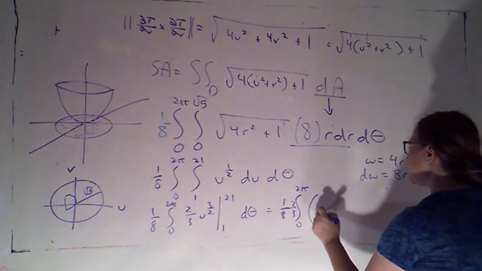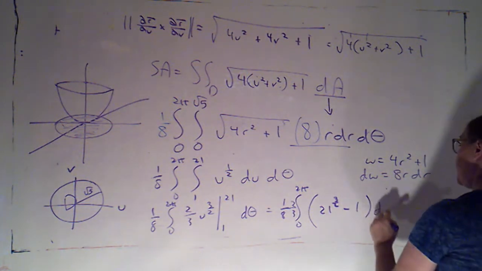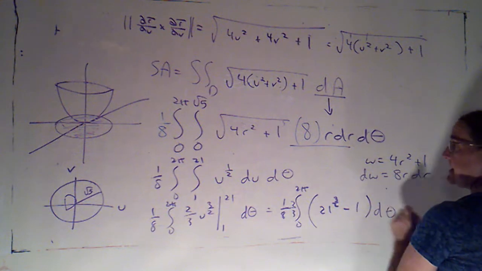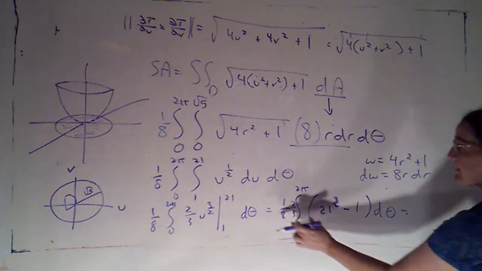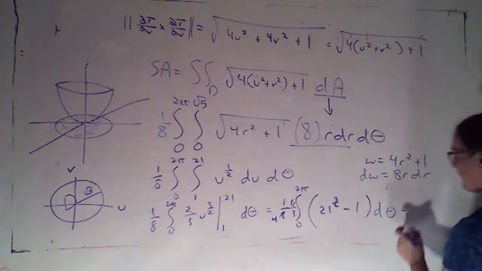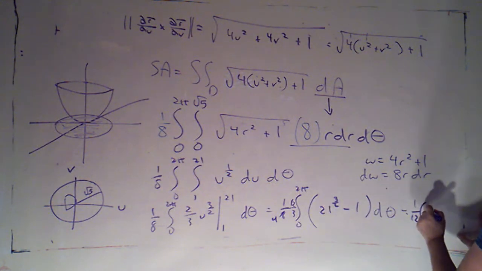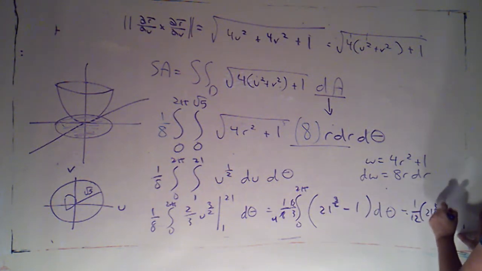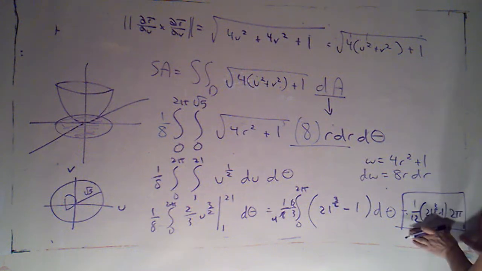And then we're just going to get 21 to the 3/2 minus 1 to any power, which is just 1, and that's d theta. Now, that's just a constant, so I'm going to get this constant on the outside, and I can cancel a 2 and a 4, so I get 1/12. This constant, 21 to the 3/2 minus 1, times the length of that interval, which is going to be 2 pi. Okay. So that's the surface area that I got here.